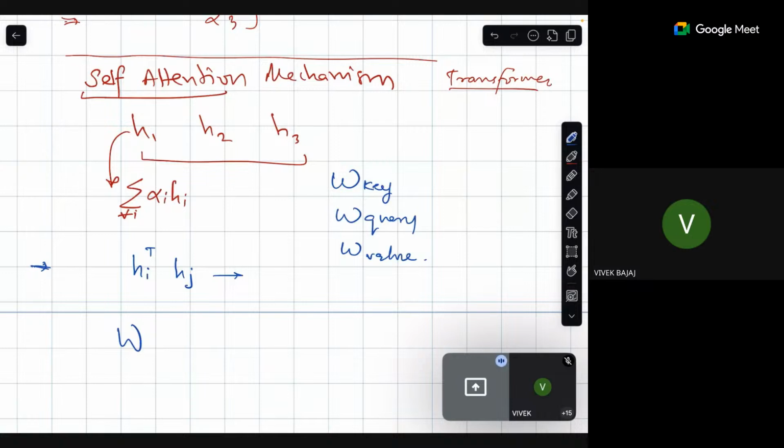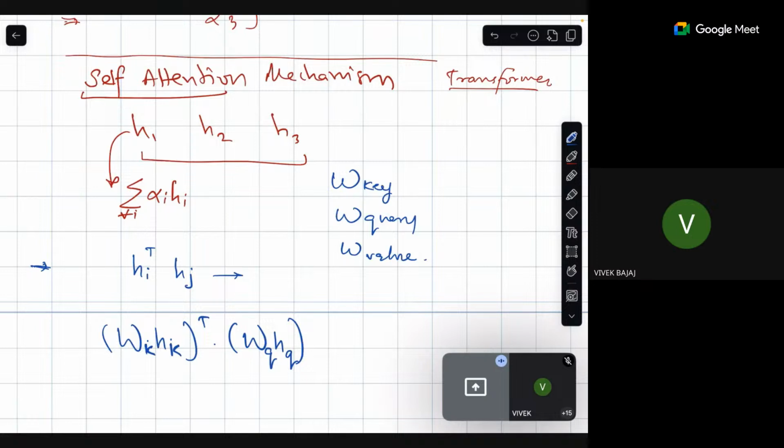So let me take a linear transformation and then take a dot product. Let's say this becomes the key and this becomes the query.